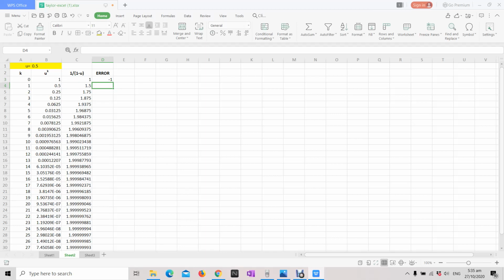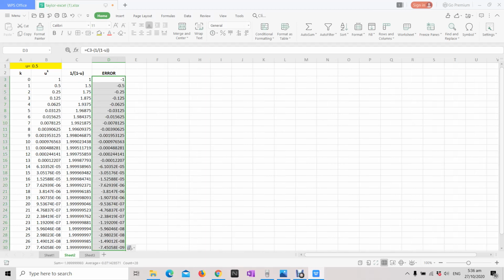So this is the error, and let's just extend it up to the last. So this is now the error, and this is now the approximation. Take note that when the approximation gets closer to the real value, the error also gets closer to 0.